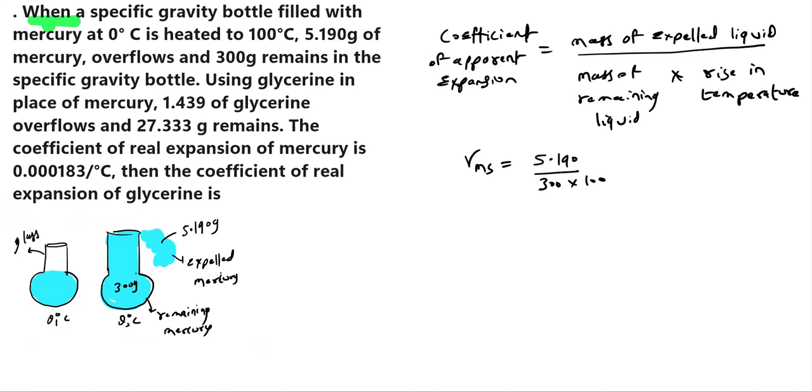Next condition. Next, what I do is I'll take the glycerin, in the same specific gravity bottle. I'll fill up glycerin. Okay, fine. So this will be glycerin. Initial temperature 0 degrees Celsius, directly the data given, 0 and this is 100. Thermal expansion occurs.